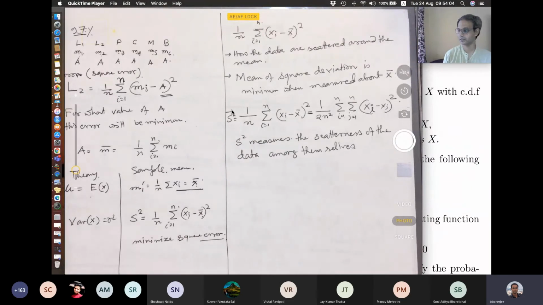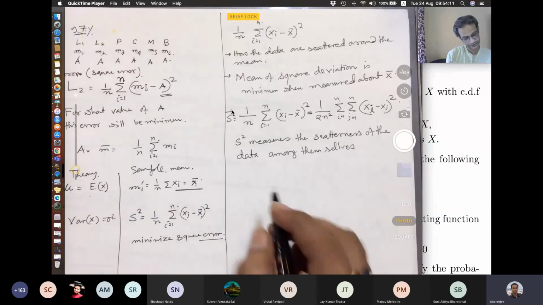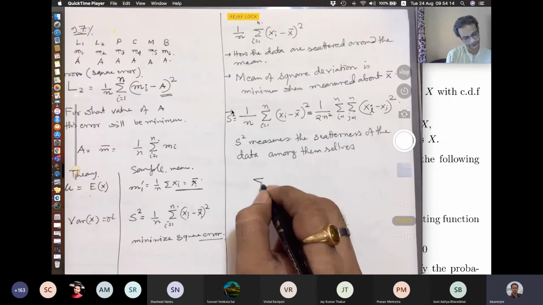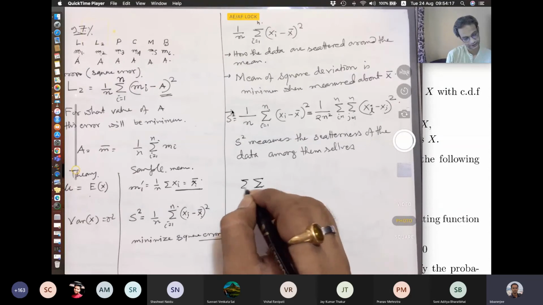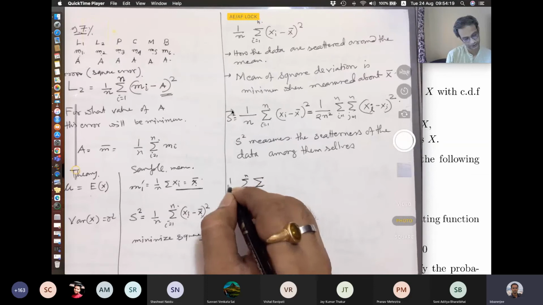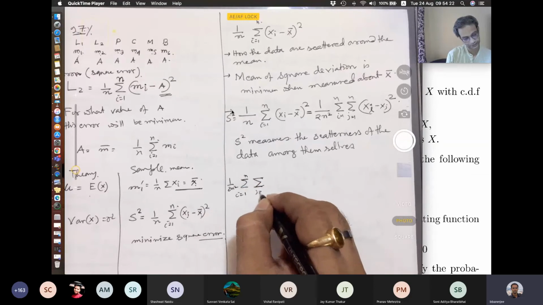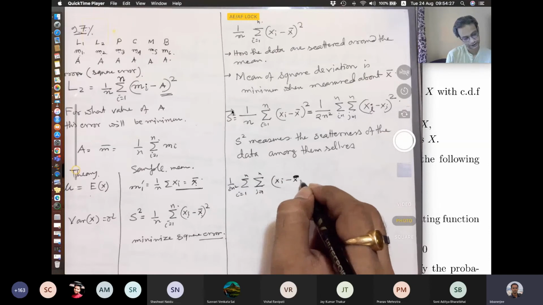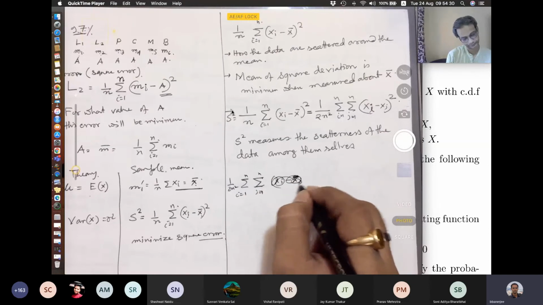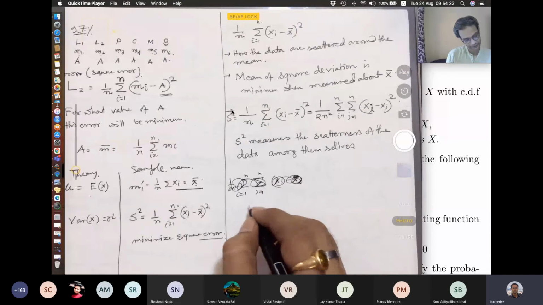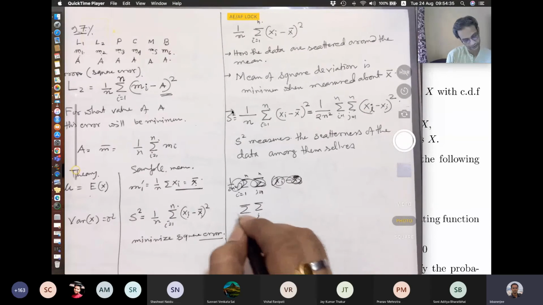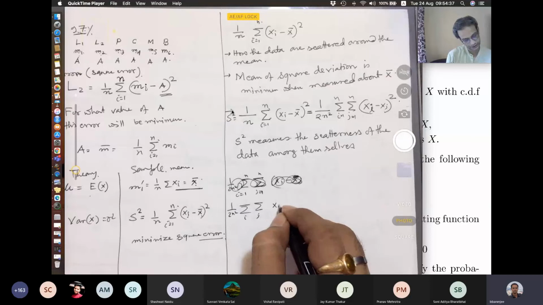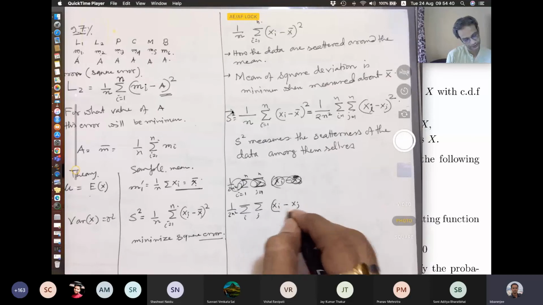So I am leaving this one as homework. It is a very simple exercise. The trick is you write it in this way: i running from 1 to n, j running from 1 to n, double summation of 1 by 2n square xi minus xj whole square.